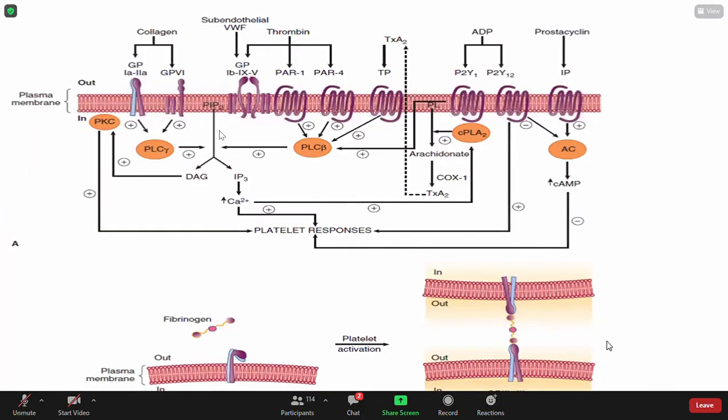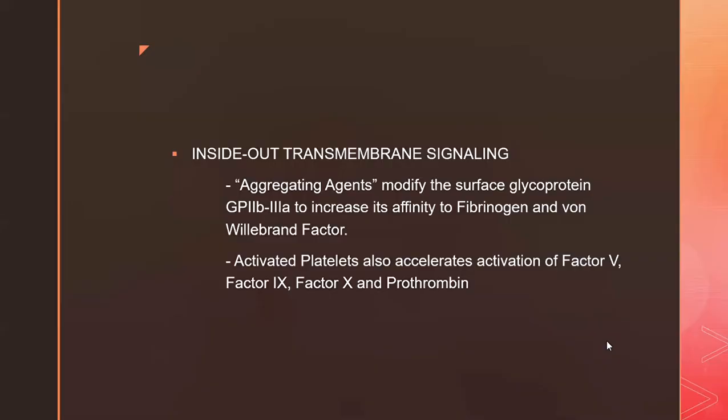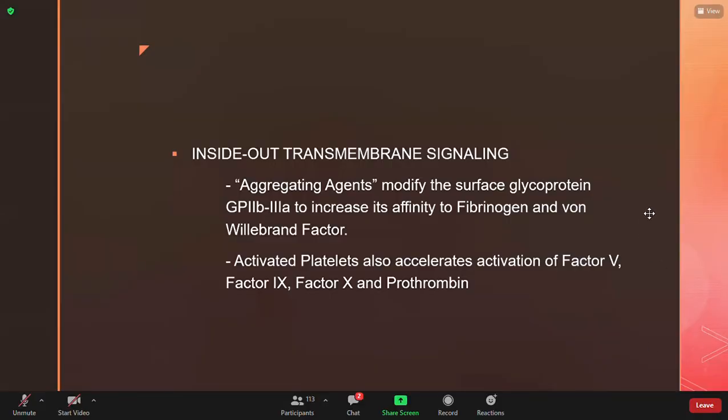So yan na yan. Diacylglycerol, phosphokinase, plasticarin, then inositol triphosphate. Now, we have the so-called inside-out transmembrane signaling.